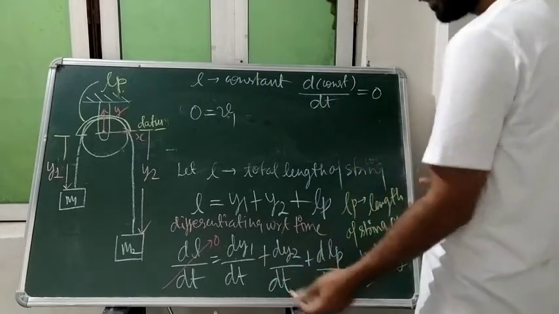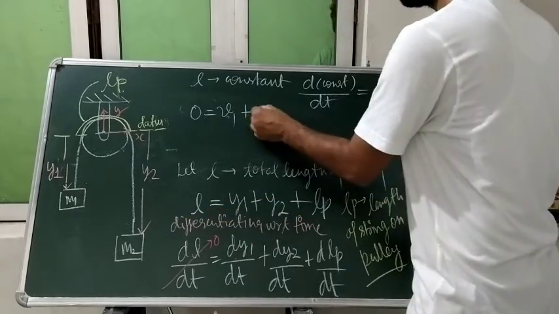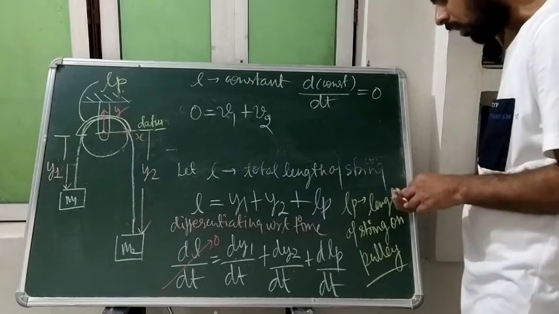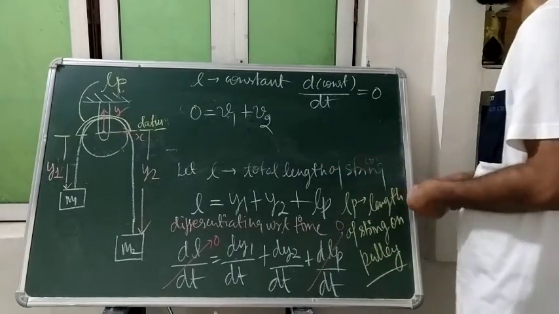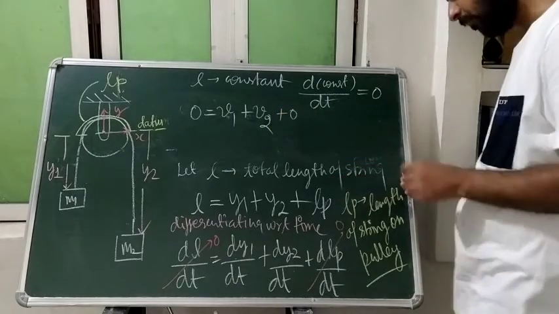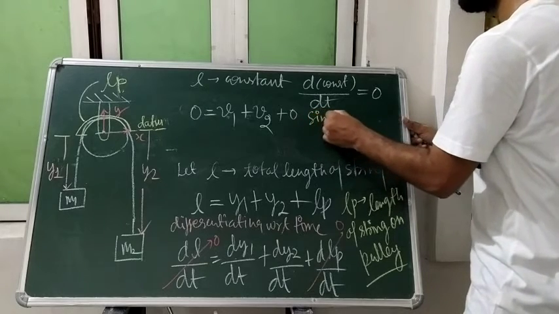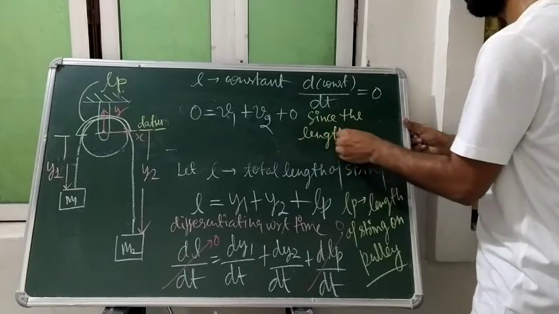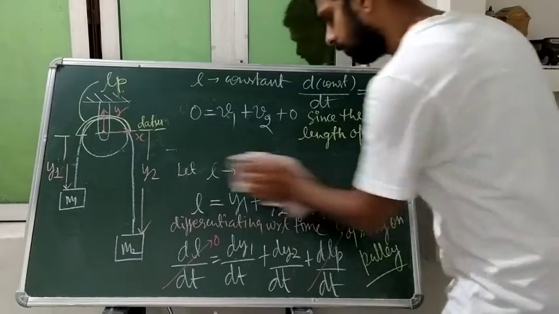So v1 will come here plus dy2 by dt will give us velocity of that block 2, and this term will also become 0. This will also be equal to 0, plus 0 here.